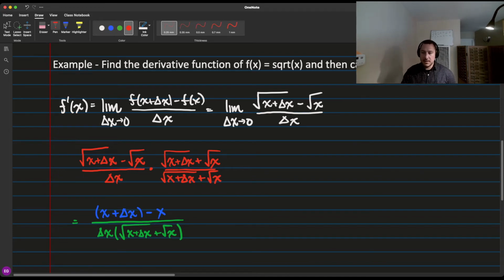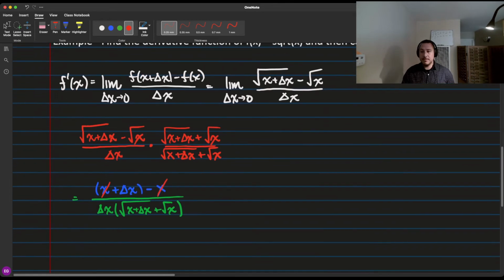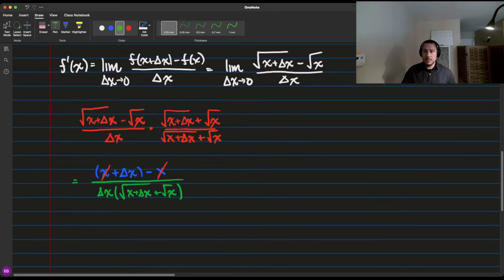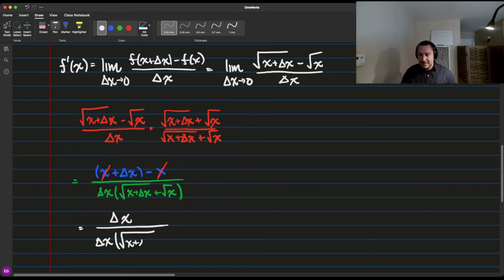Notice the x's are going to cancel, and you're left with, I'm sorry, a delta x on top and a delta x on bottom times square root of x plus delta x plus root x.